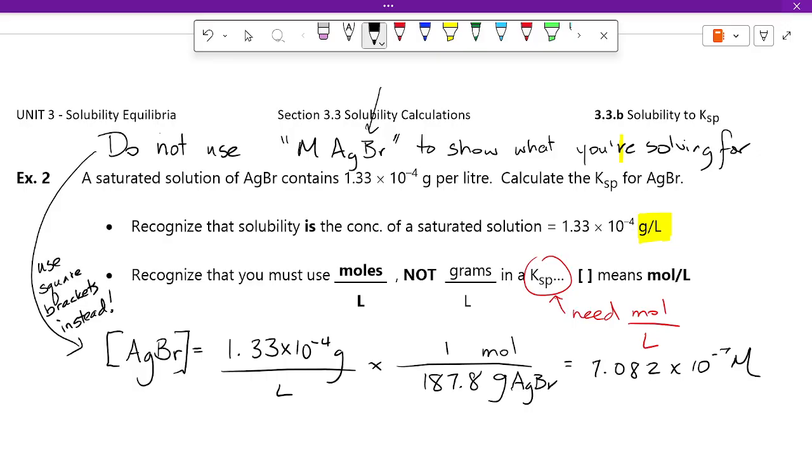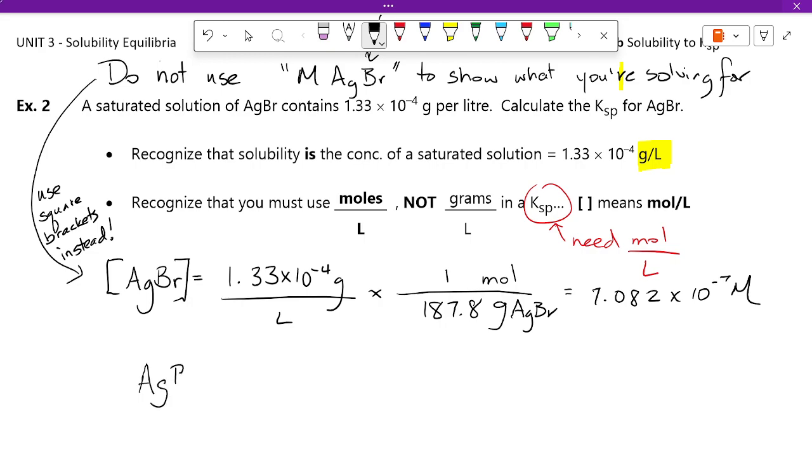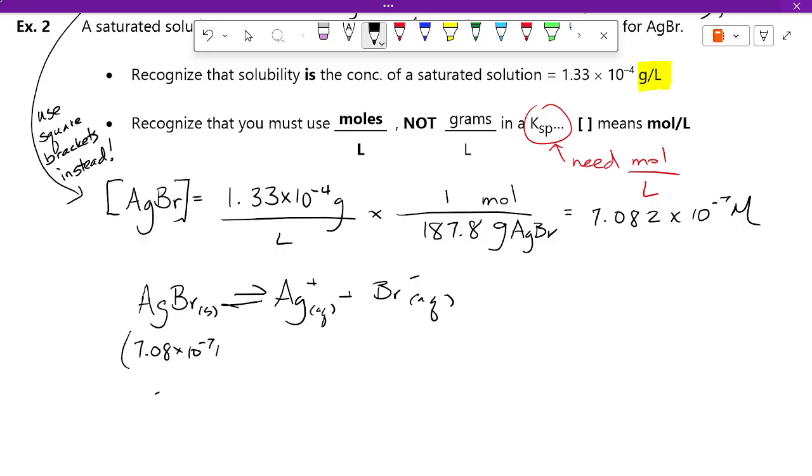Yes? And we really don't have much time to do this. We have 2 minutes. Okay. Speed. Here we go. AgBr solid in equilibrium with Ag plus and Br minus aqueous. Each is 7.08 times 10 to the negative 7 molar.